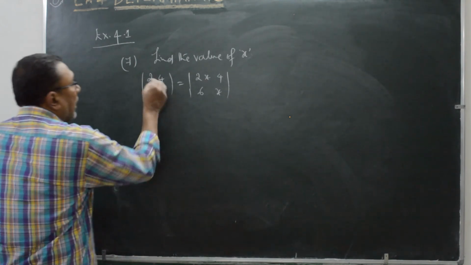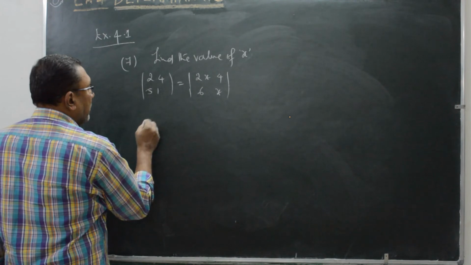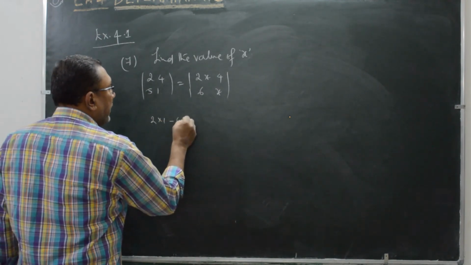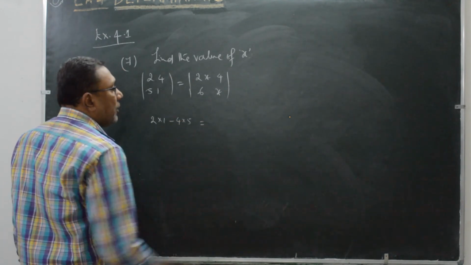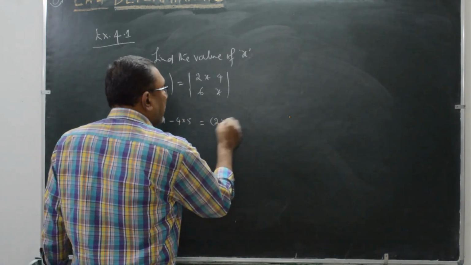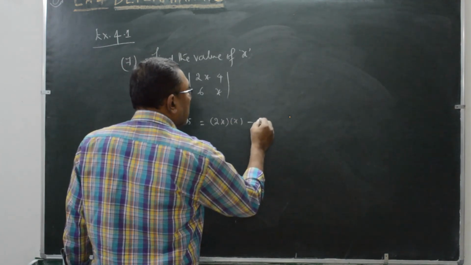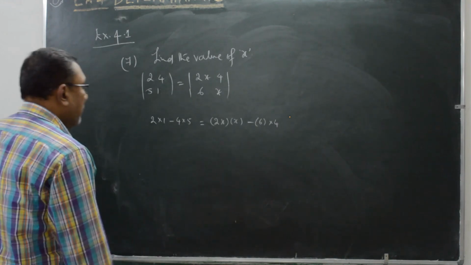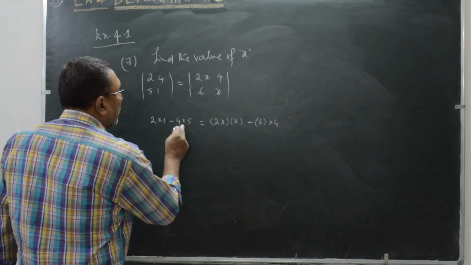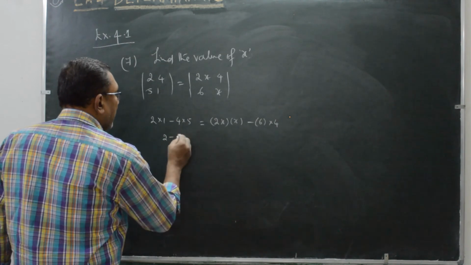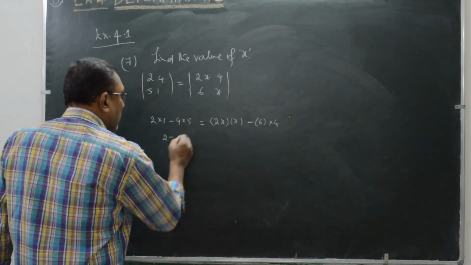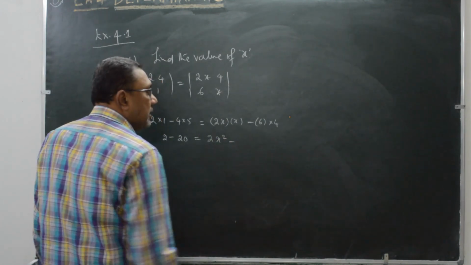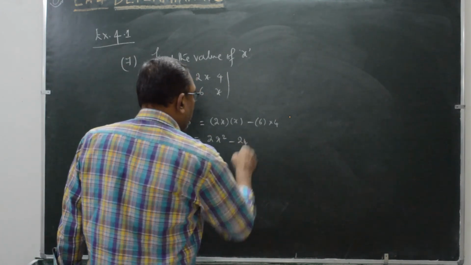I will take the determinant on the left hand side, which is 2 into 1 minus 4 into 5, which is equal to 2x into x minus 6 into 4. So we will carry the equation. Now 2 minus 20, 5 4s are 20, which is equal to 2x square minus 24.